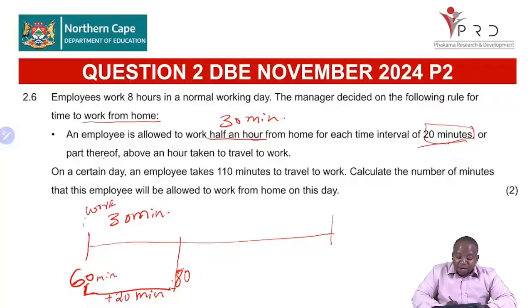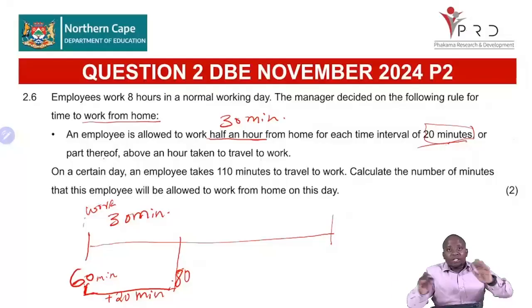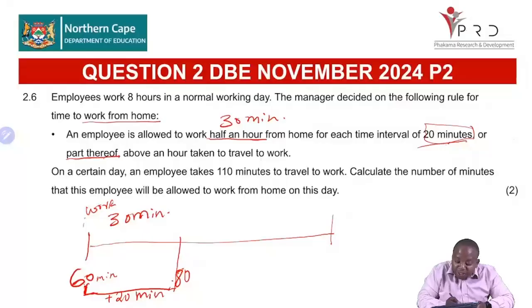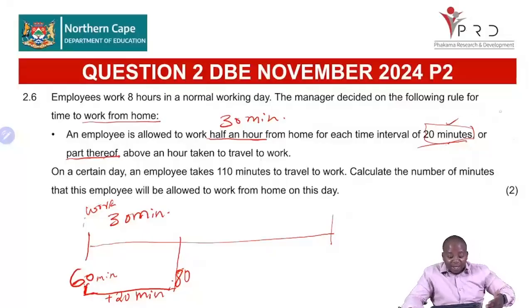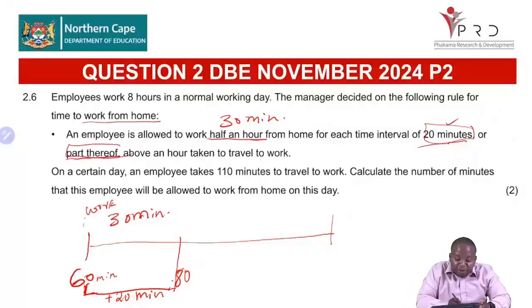If it's 65 minutes, for example, to get home, then you'll only work 30 minutes. So it doesn't have to be the maximum of 20 minutes. As long as there is extra travel time beyond that 60, you'll be able to work 30 minutes. If I travel extra by 10 minutes, for example, I will only work 30 minutes. So that's what part thereof means.